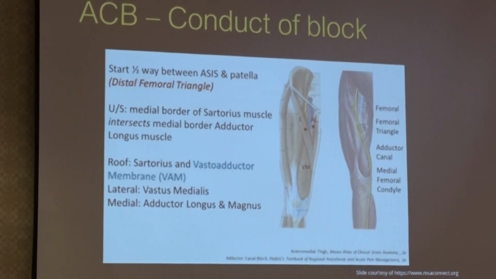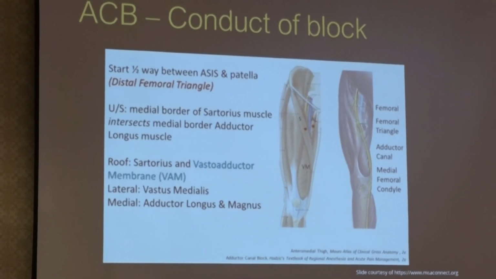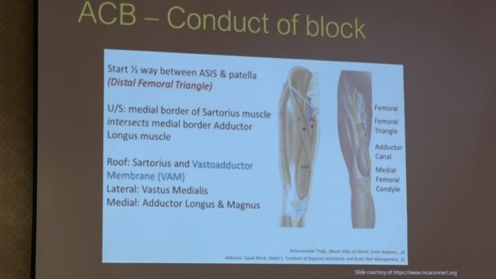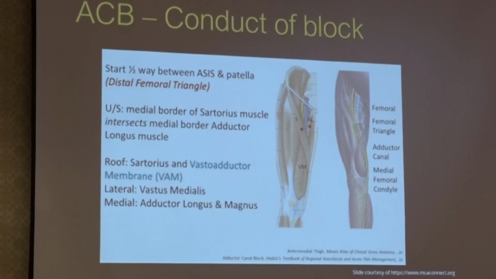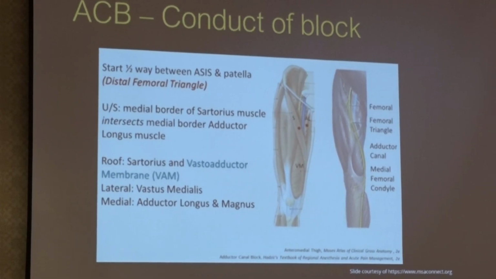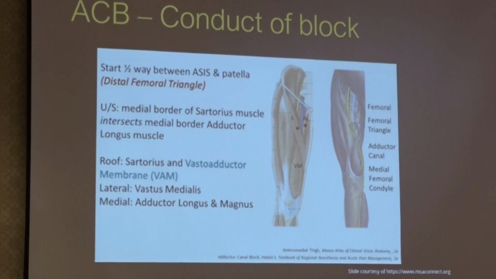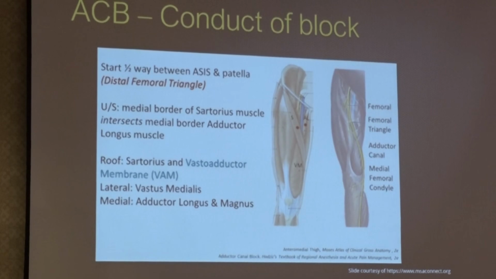You look for all the muscles: the sartorius, the vastus medialis, the adductor longus, and the adductor magnus. You trace until you see where the medial border of the sartorius muscle intersects the medial border of the adductor longus muscle. That's the best place to inject for the true adductor canal.